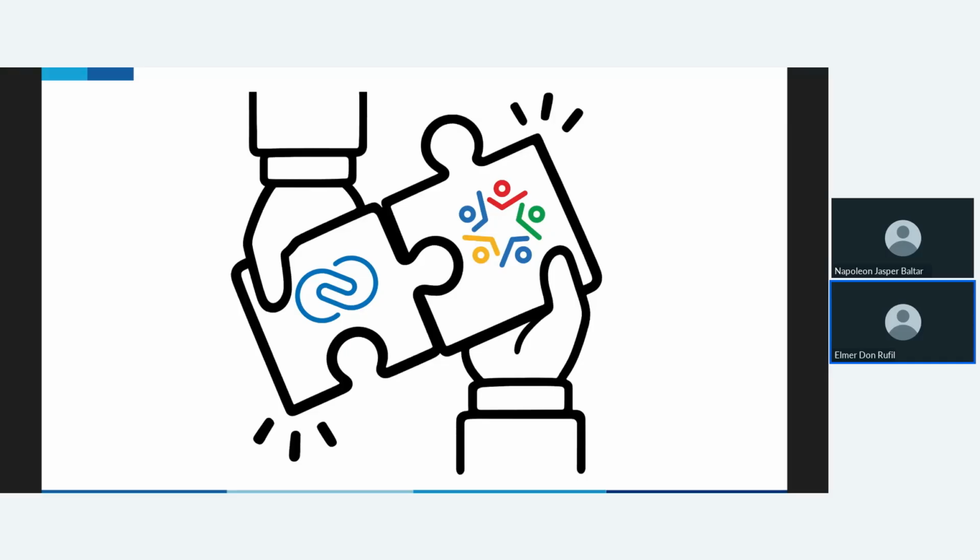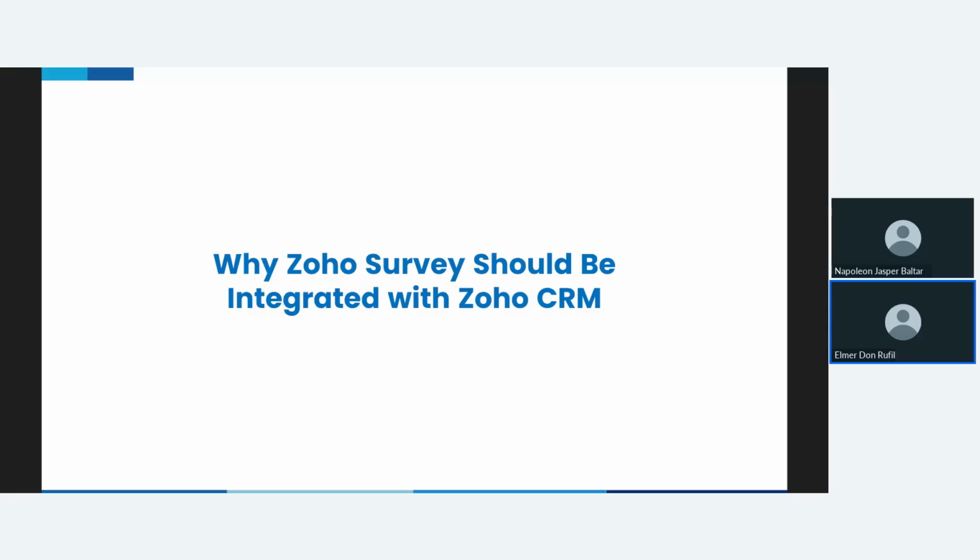With the integration, this happens automatically, saving time and reducing the chance of human error. This means your customer records stay updated, your team can respond more quickly and gain valuable insights into customer satisfaction easily.